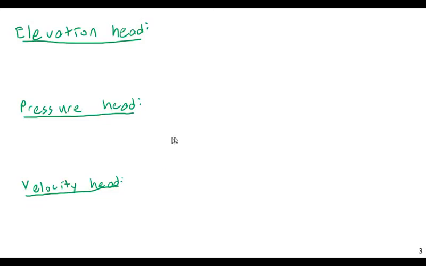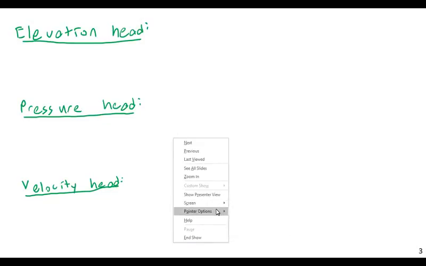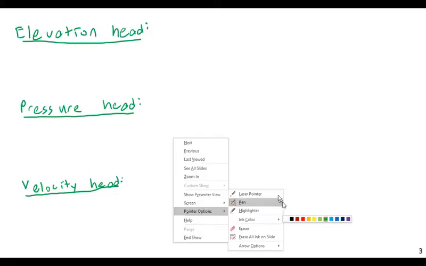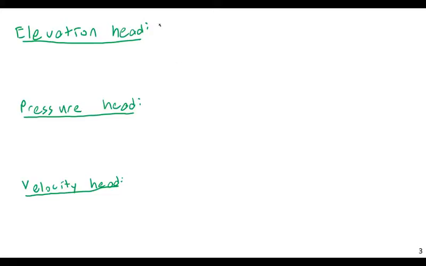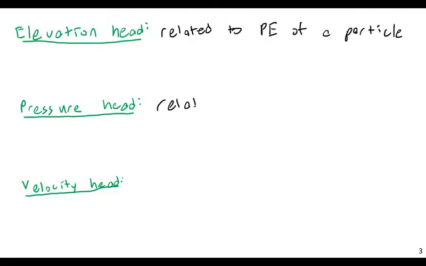As we've seen before, elevation head is related to the gravitational potential energy of a particle. The pressure head is related to the internal energy, the pressure energy. The internal energy, I should say.